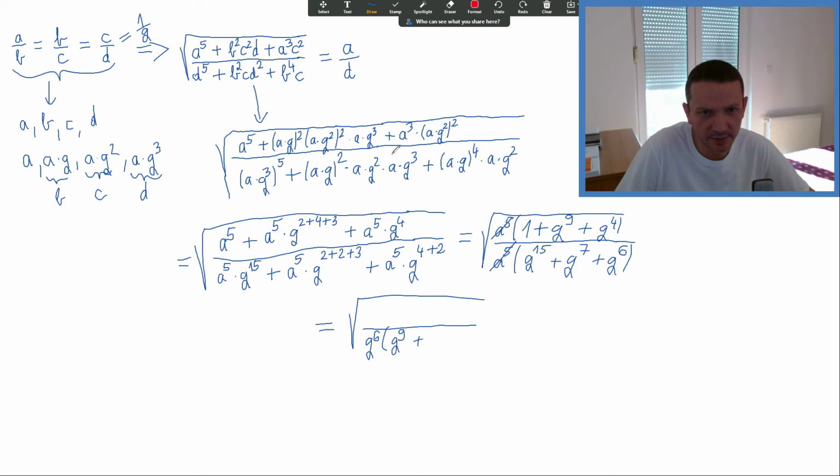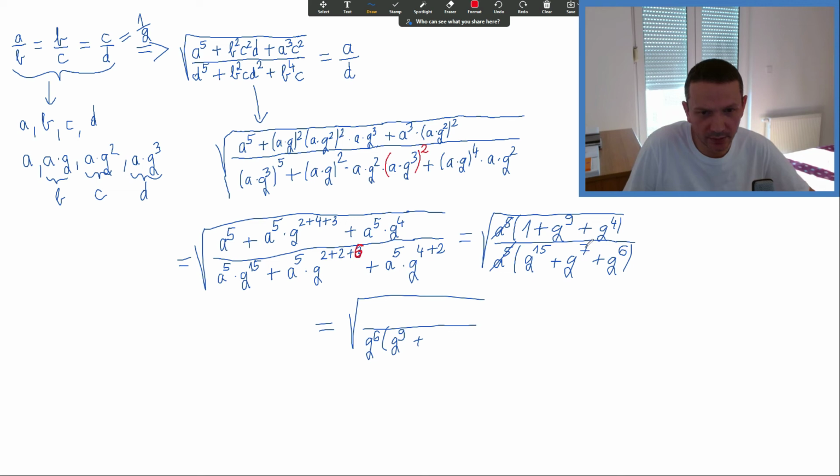So here is D, but to the power of 2, squared. So we are then getting here to the power of 6. And the rest is, I guess, correct.